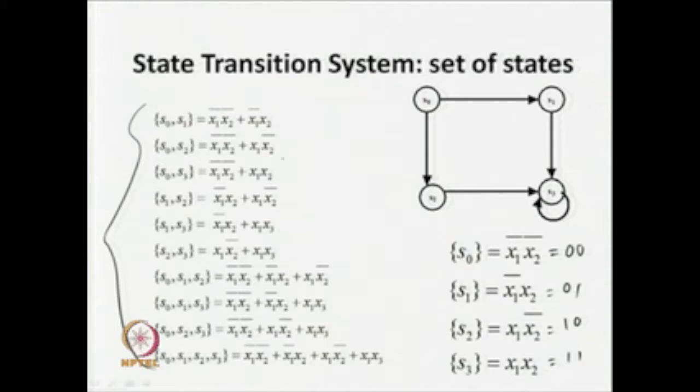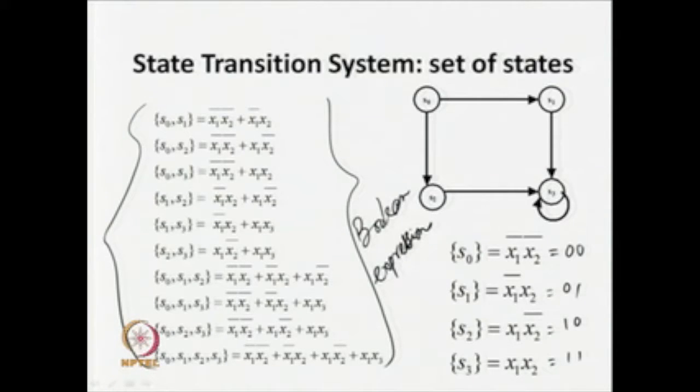Now, these are the representation of a set of states, representing 2 states S0, S1. Similarly, this expression is representing these particular 3 states S0, S1 and S2. And if you look at the right hand side, you will find that these are nothing but Boolean expressions.